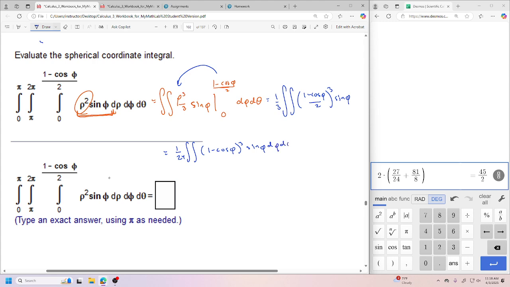d phi d theta. Now this actually is much easier than it looks on the surface. What we're going to do now is actually not too bad. U sub, u is equal to 1 minus the cosine. So then my derivative, be careful here, my derivative of negative cosine is, yes, positive sine d phi.